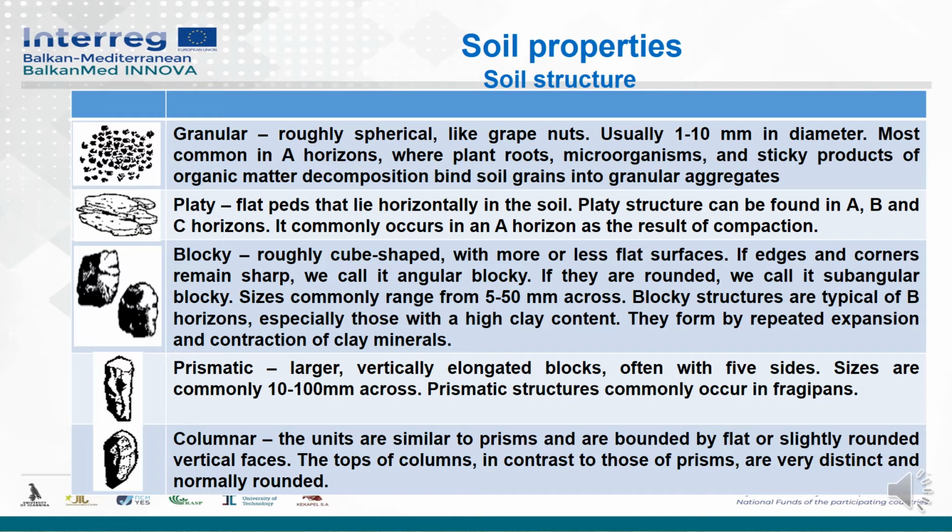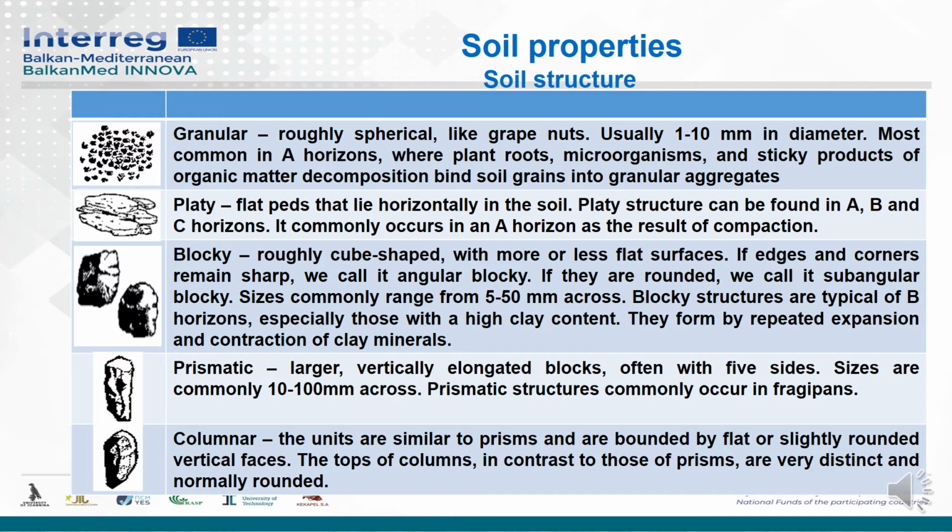Sizes commonly range from 5 to 50 millimeters across. Blocky structures are typical of B horizons, especially those with a high clay content. They form by repeated expansion and contraction of clay minerals.